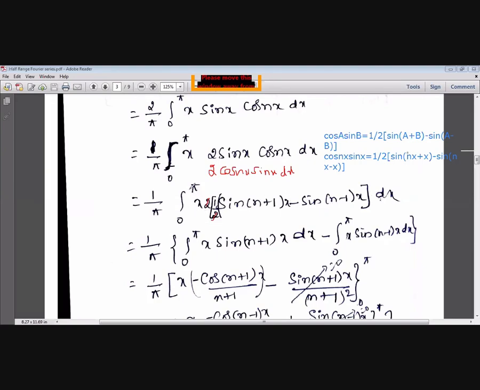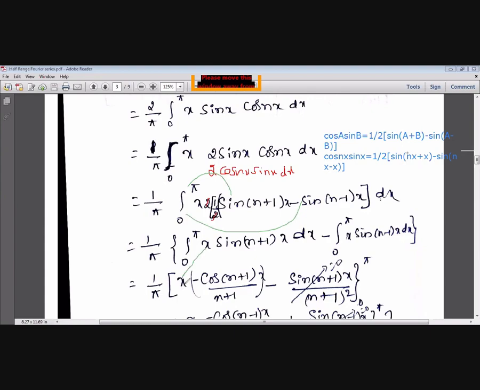Take the integration to each term separately. That one I took. Next, integrate this by parts. First function as it is. Integration of this is minus cos(n plus 1)x by n plus 1.